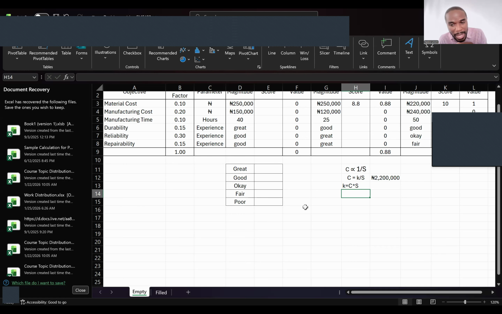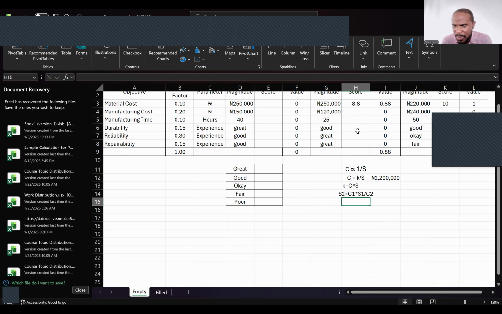Agreed? Yes, sir. So what that means then is if I want to know the score for a given material cost, the value for the score will be my constant K, which is now what? Cost 1 times the score I gave that one, cost 1 times score 1, divided by the cost associated with score 2, if I call this score 2.